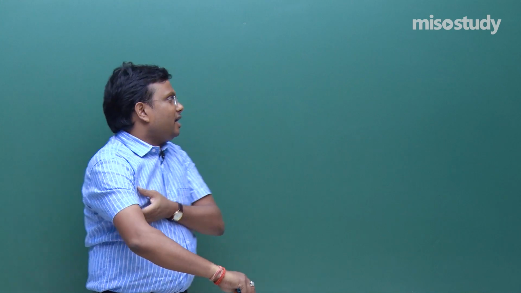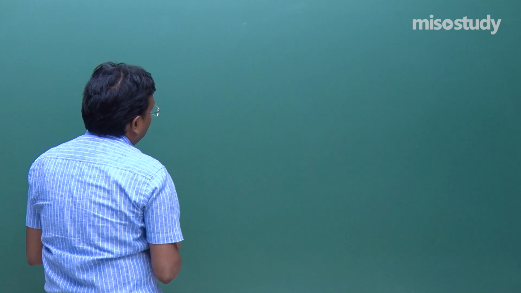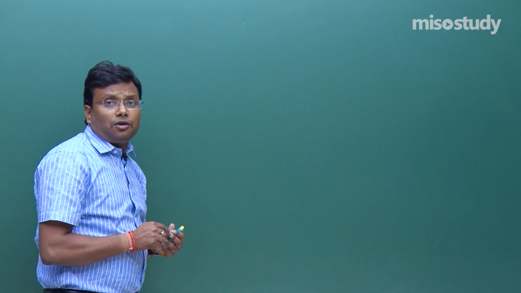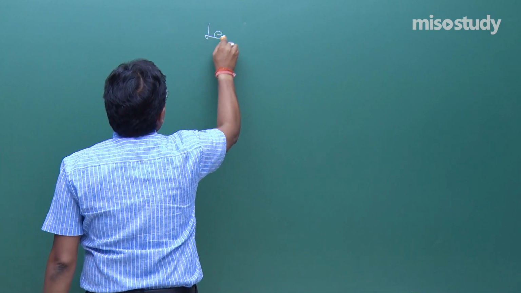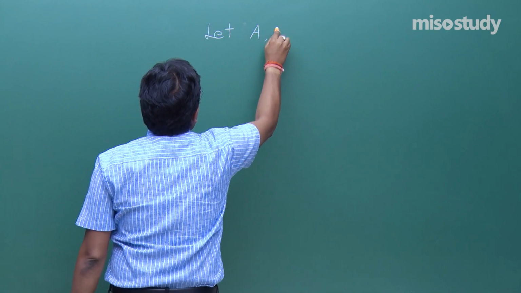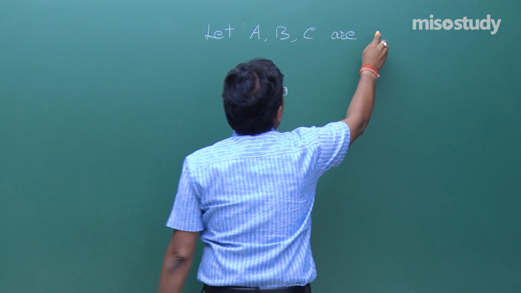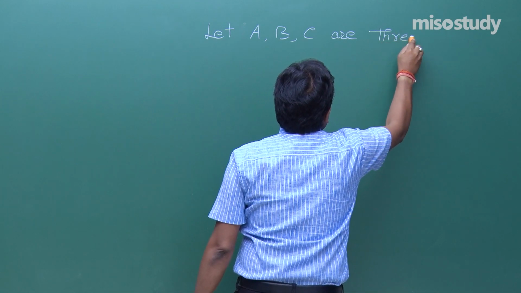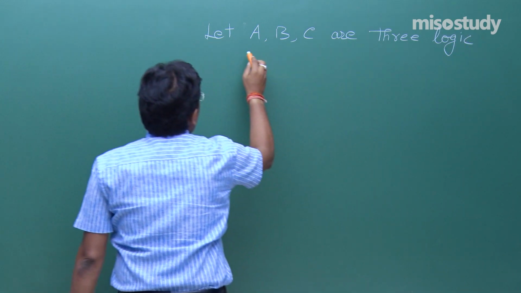Now if you try to recall, in the previous video I mentioned Boolean expressions, Boolean algebra, certain terms. So let us say a question is given in terms of this Boolean expression. So how can you find the solution of that particular question? Let A, B, C be 3 logic variables.